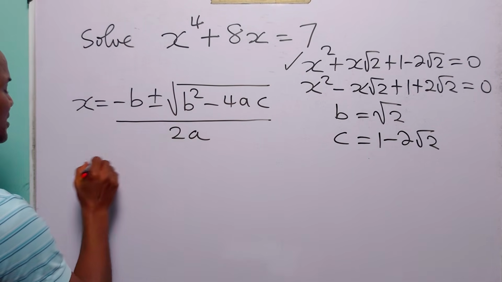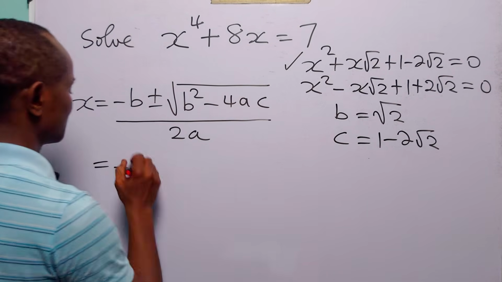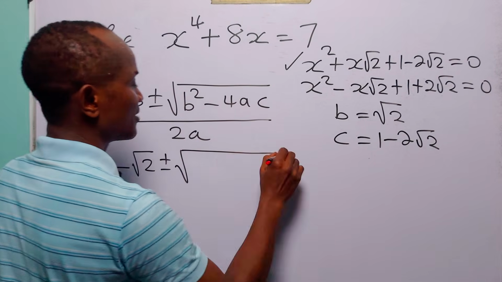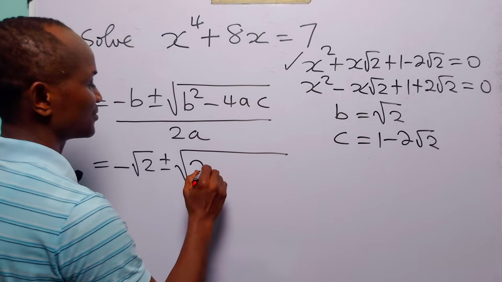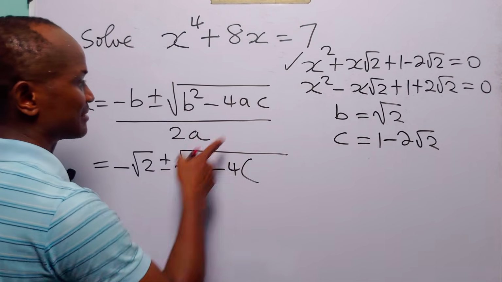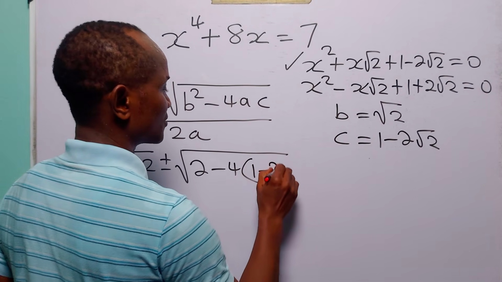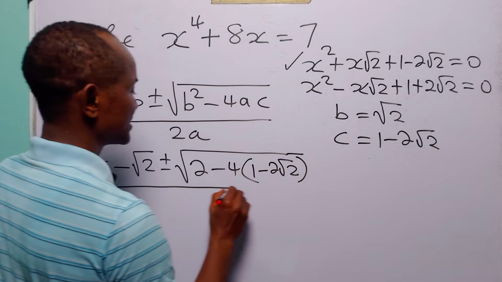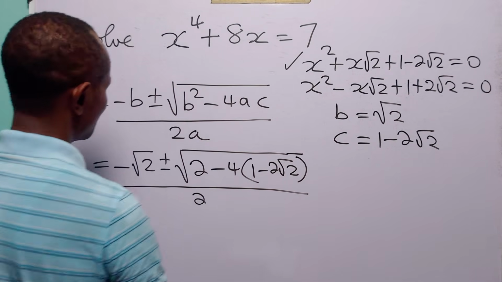Now, when we substitute into the quadratic formula, we have minus root 2 plus or minus the square root of b squared, which is root 2 squared, which is equal to 2, minus 4 times a is 1, c is 1 minus 2 root 2. Everything is divided by 2 times 1, which is equal to 2.